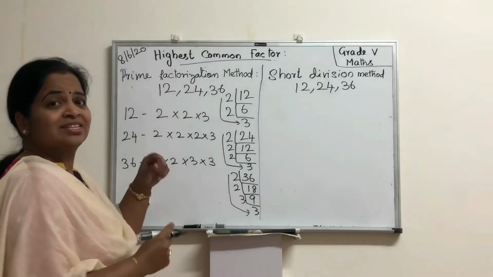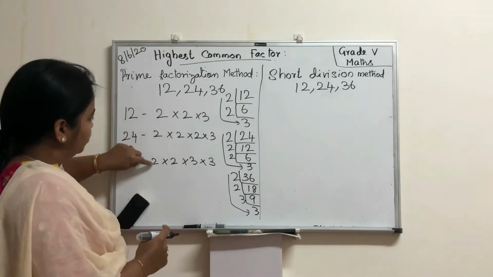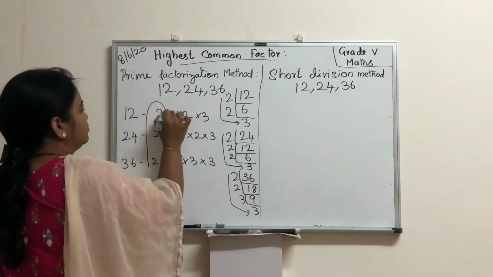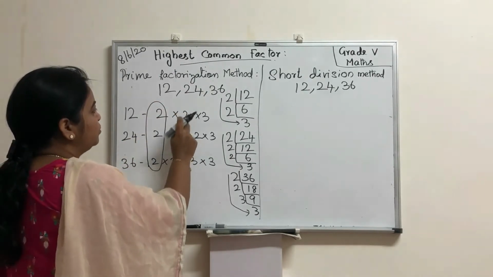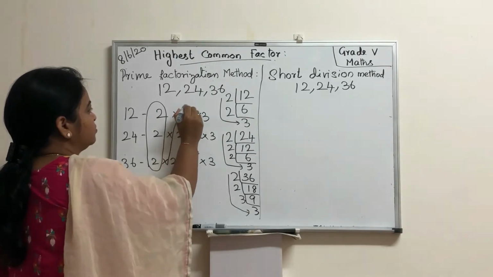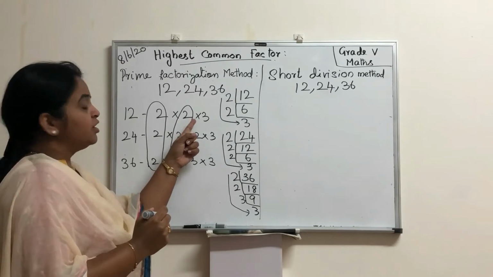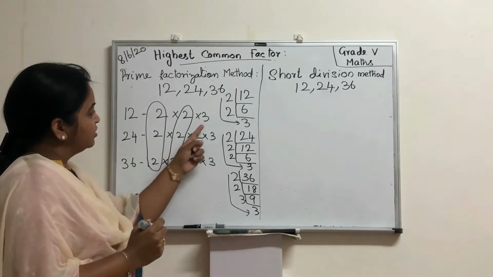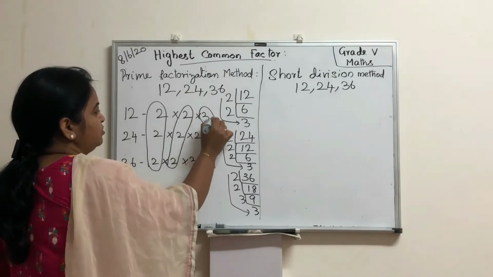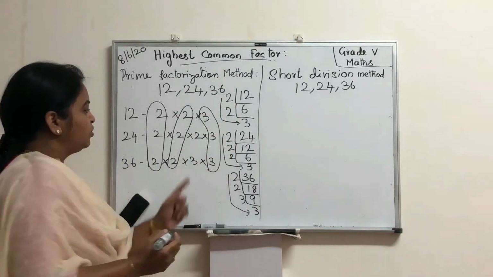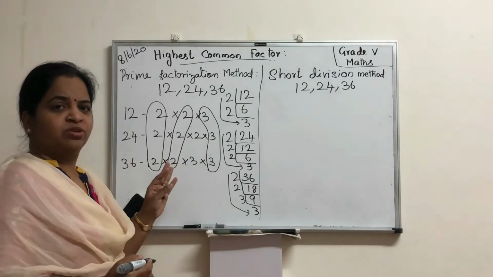Then what are the factors common to all the numbers? See, 2, 2, 2. Here 2 is there, here 2 is not there. Then 3, 3, 3. So 2 and 3 are common, leave the extra 2 and 3.